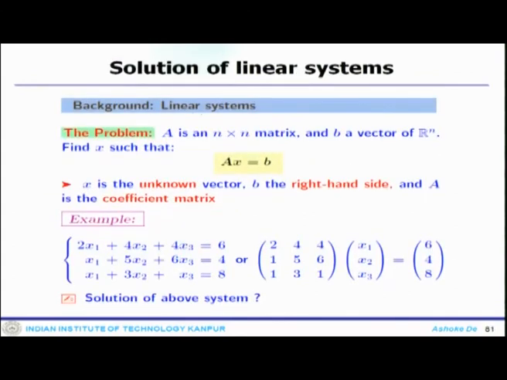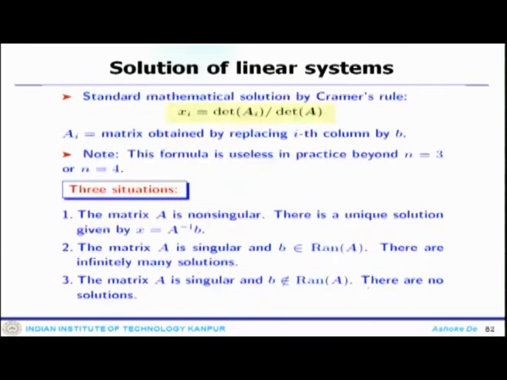Now, for the linear system, the background is that you have an n by n system with a right-hand side vector b, and you have to solve it. For example, you get unknowns x1, x2 and you get A x equals b. A gives you the coefficient matrix, and the standard mathematical solution by Cramer's rule will get you a solution when the matrix is non-singular.